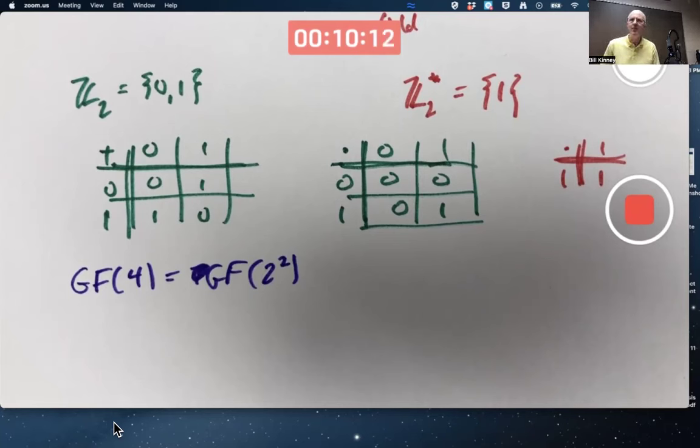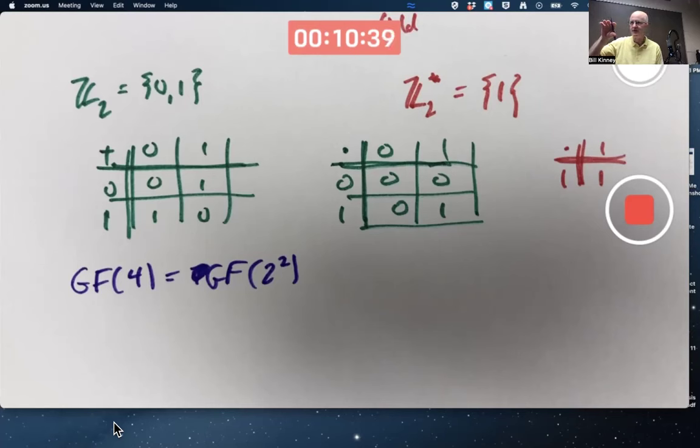I hope from what we've been doing recently, if any ideas are going to come to your mind, it's going to be that maybe we construct a factor ring by modding by a maximal ideal based on an irreducible polynomial. That's what we've been talking about. But what's the degree of that polynomial going to be?